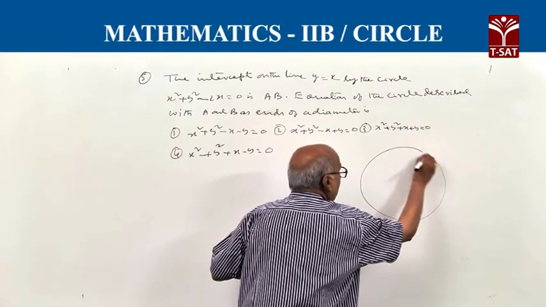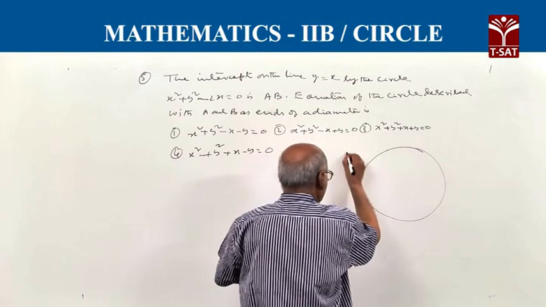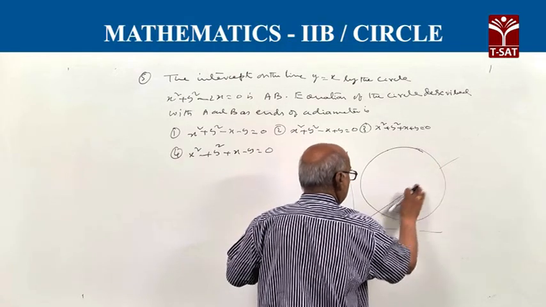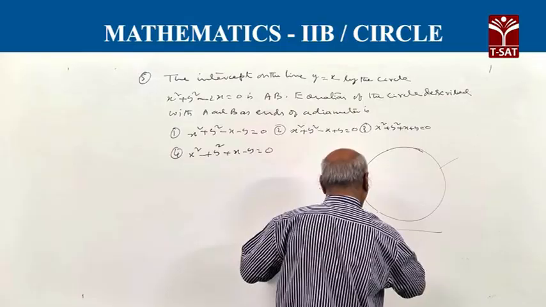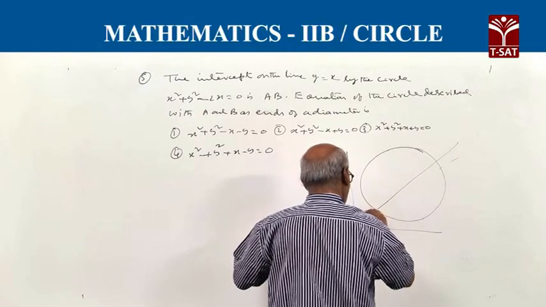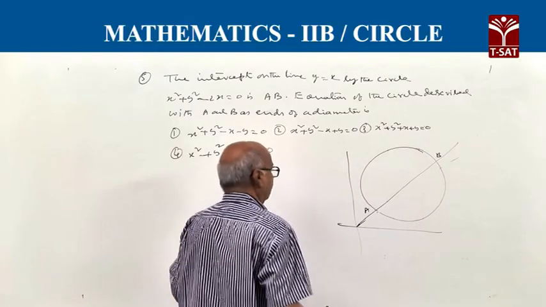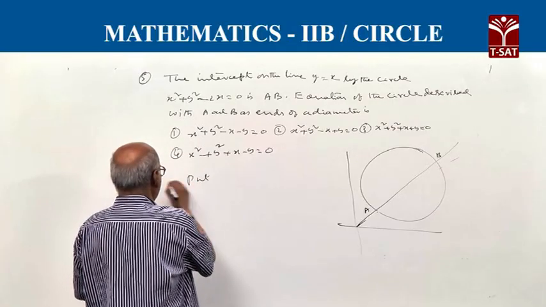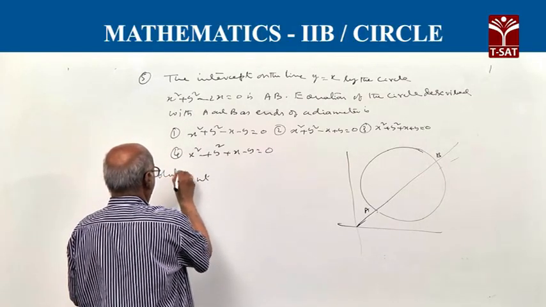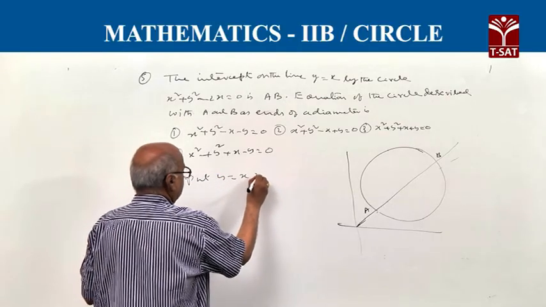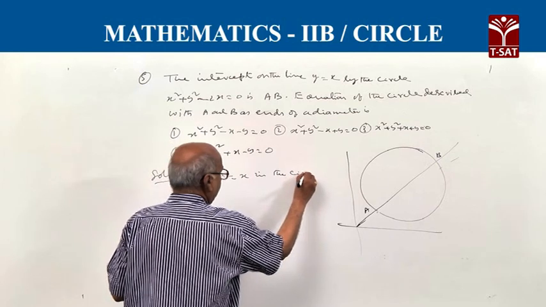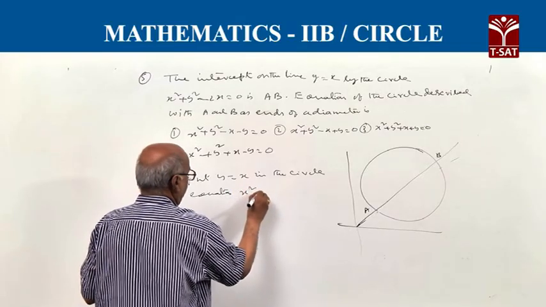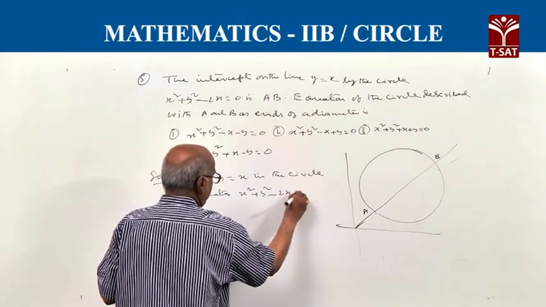So, here is y is equal to x. Now the solution: put y is equal to x in the circle equation x square plus y square minus 2x equal to 0.